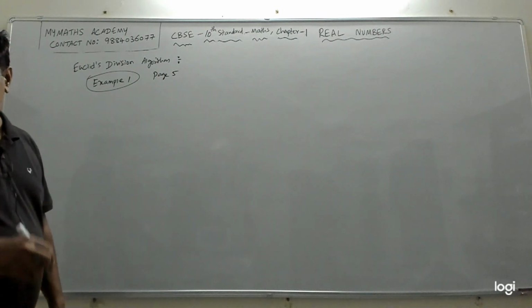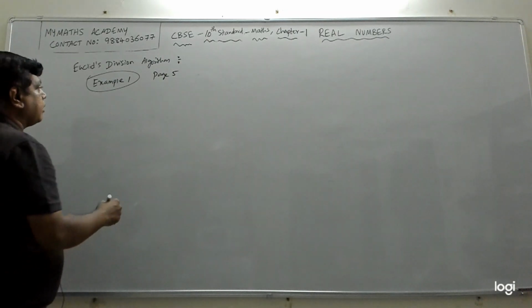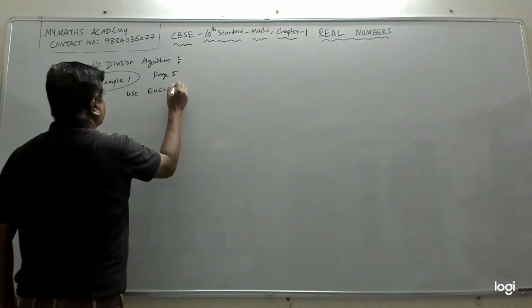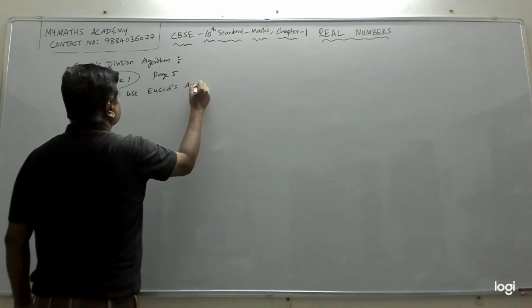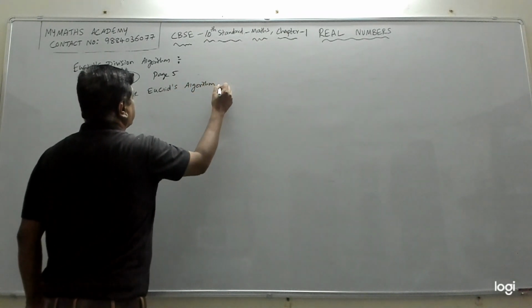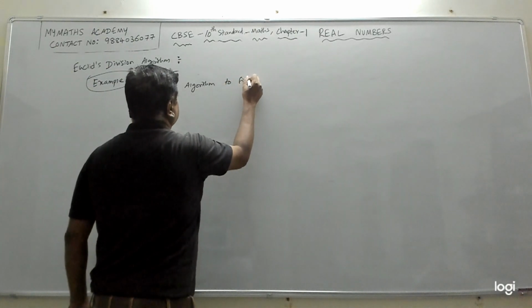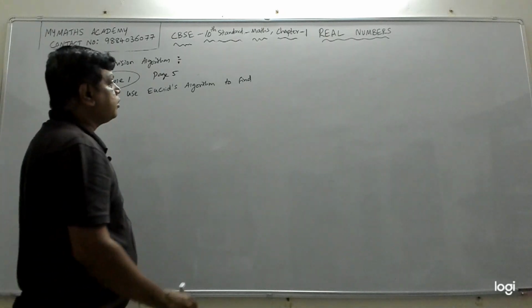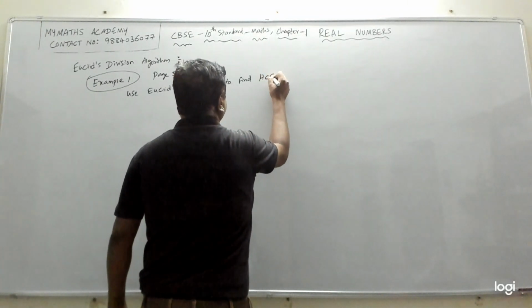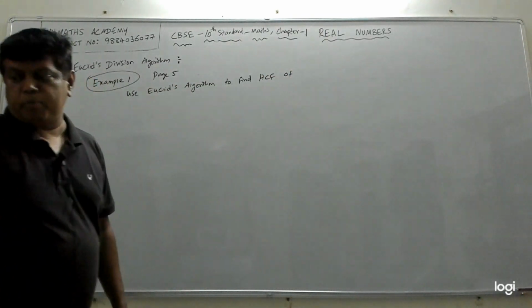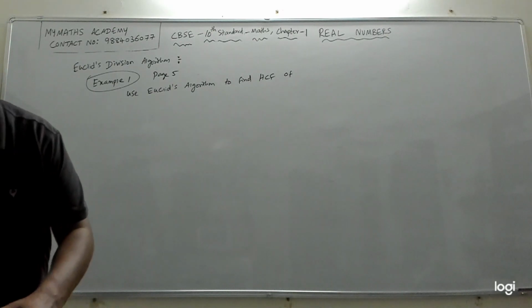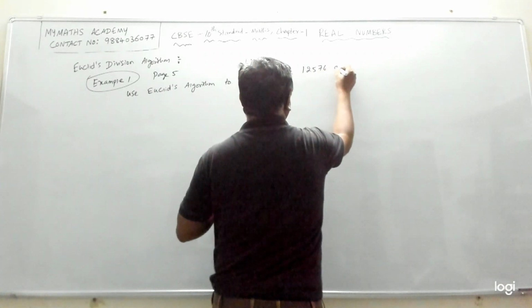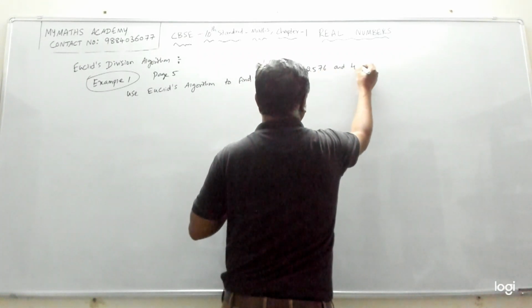What it says is, use Euclid's algorithm to find the HCF of, HCF means highest common factor, of the two numbers which are 12576 and 4052.